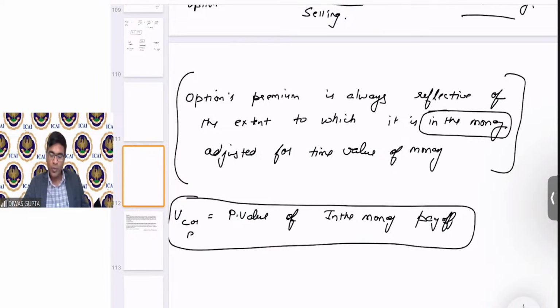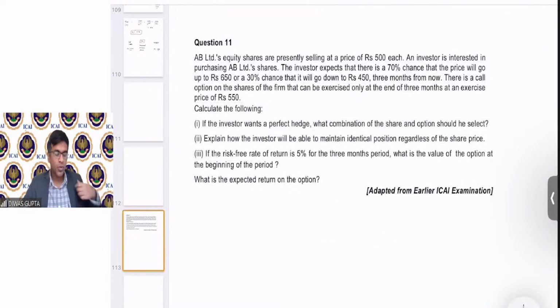Now let's come to the next question, which is question number 11. This has come in an earlier ICAI examination, so just listen carefully. We will solve for this. AB Limited's equity shares are presently selling at a price of rupees 500 each. An investor is interested in purchasing AB Limited's shares.